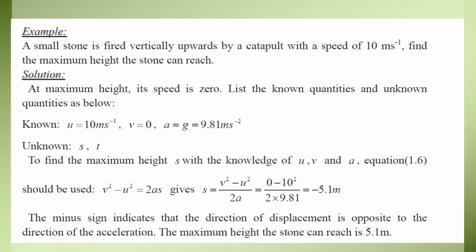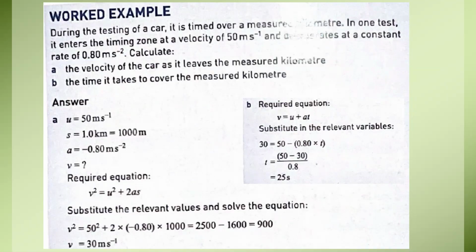Now, what if the object is moving under the influence of gravity? If it's a falling object or an object thrown vertically upward, or an object launched vertically upward, it will have some initial velocity, but at the maximum height the final velocity will be 0.